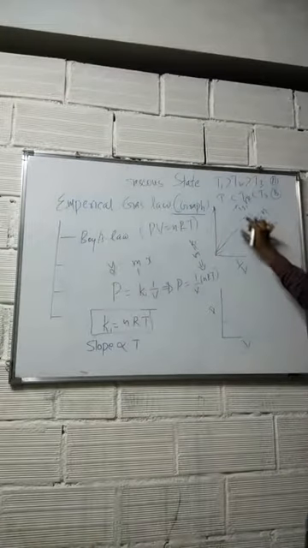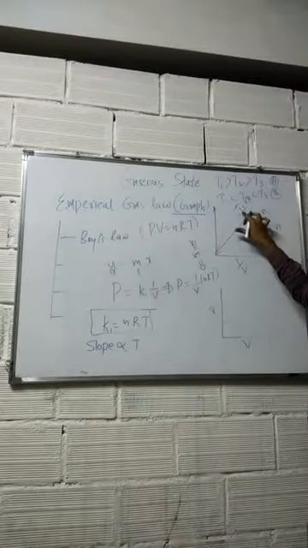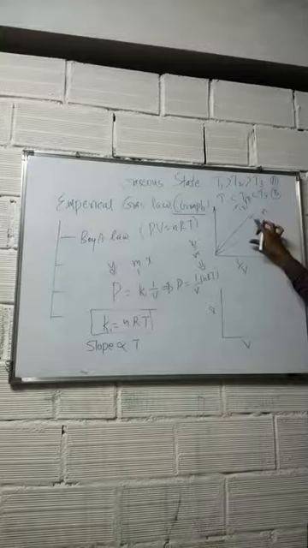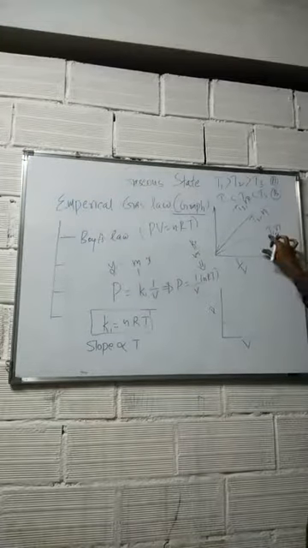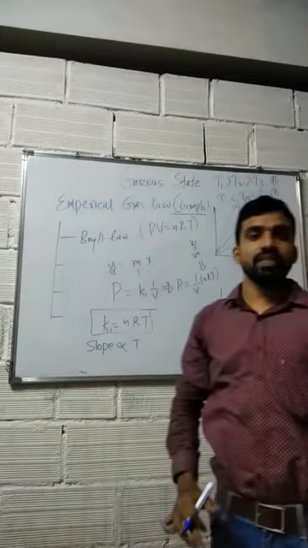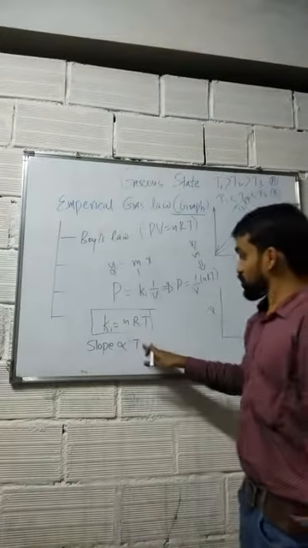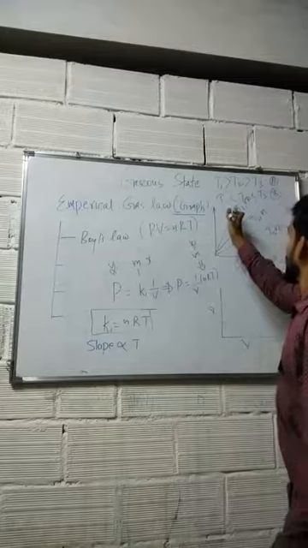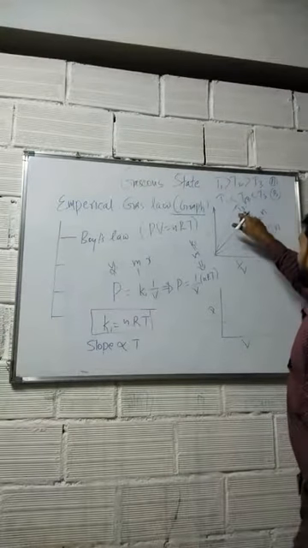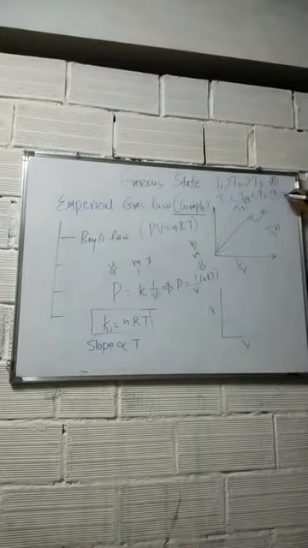Okay, so this is drawn at T3, this is drawn at T2, this is drawn at T1. So which one will be the highest? Slope is directly proportional to T, that is, T3 is greater. So B is the correct one. Okay, slope is lower here, highest slope is here. So this is the characteristic.